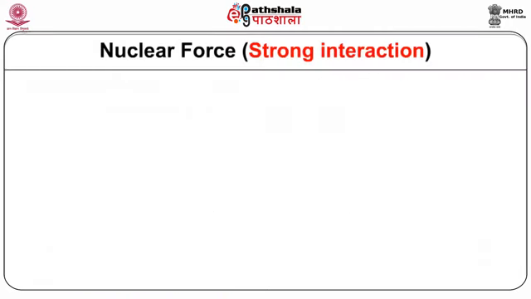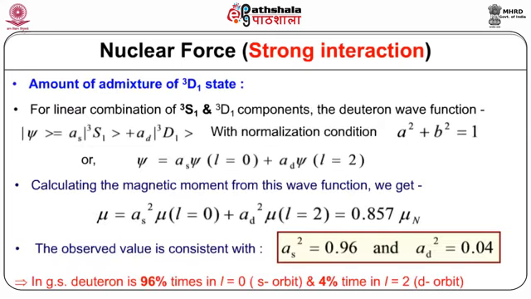Nuclear force, strong interaction. We have learned in the previous slides that there can be an admixture of two states, that is L equal to 0 and L equal to 2, in the ground state of deuteron. The amount of admixture, that is in what ratio the two states are mixed in the ground state of deuteron, we are going to study in this slide.